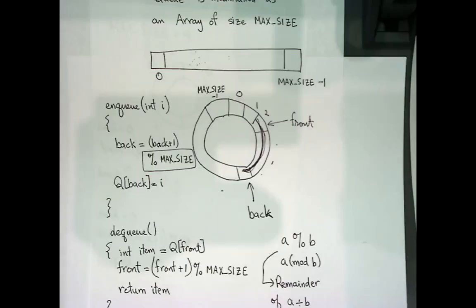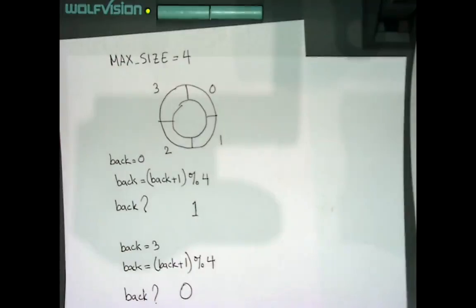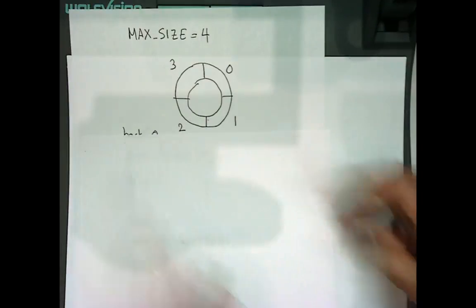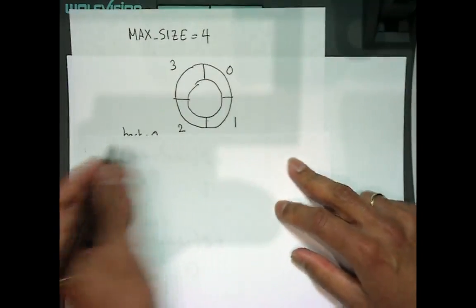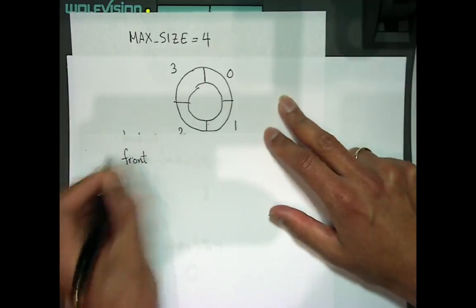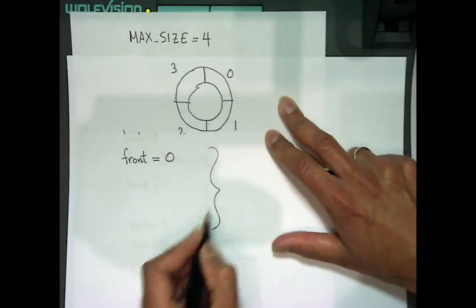So it's an extremely elegant solution. So let's look at a few examples to see what happens, just when max size is equal to 4. So typically what I do is front starts at 0. This is the initial.